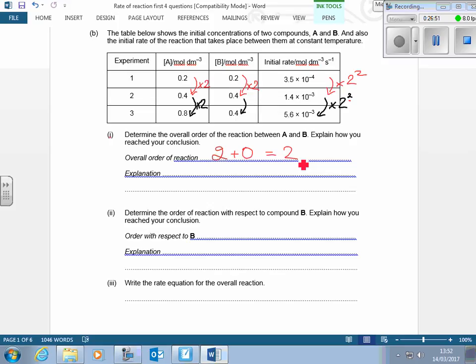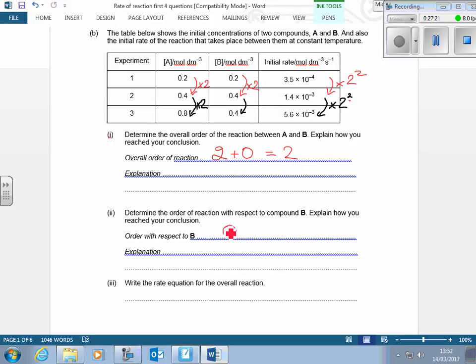It's weird though, order of reaction with respect to compound B. I think I've missed something out. I think we should be able to determine that without having to think about B. So we know that that's 0. Because if we double A with the constant B, that's interesting. That also leads to the rate times 4. I've sort of done it backwards.